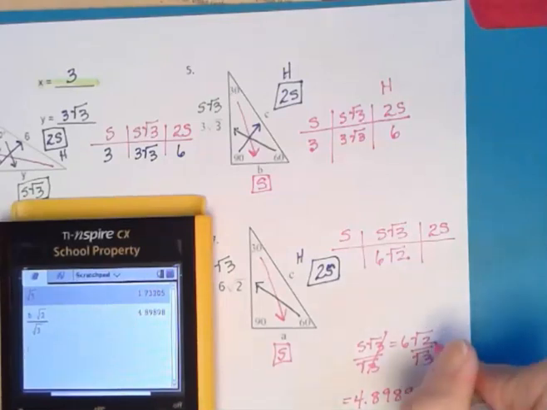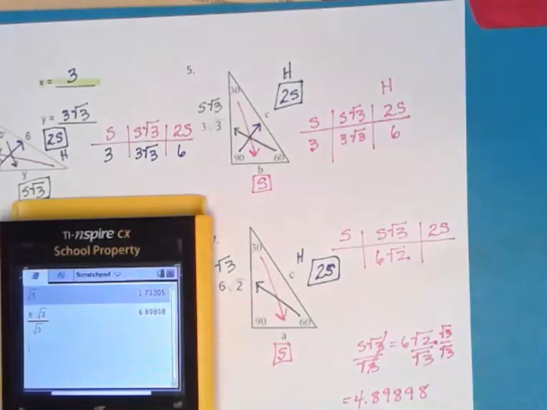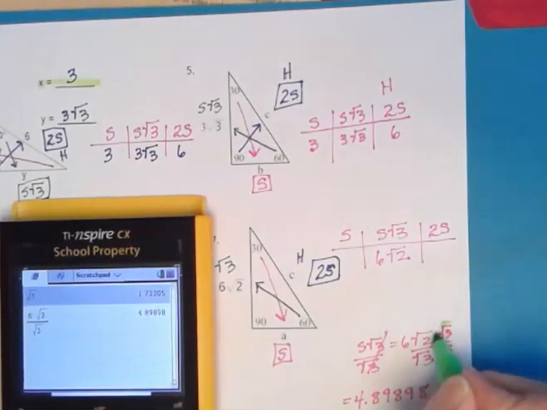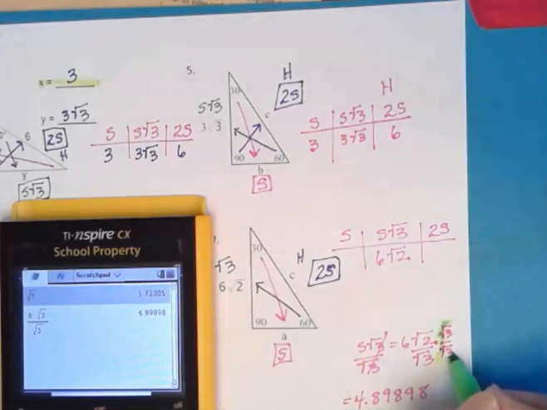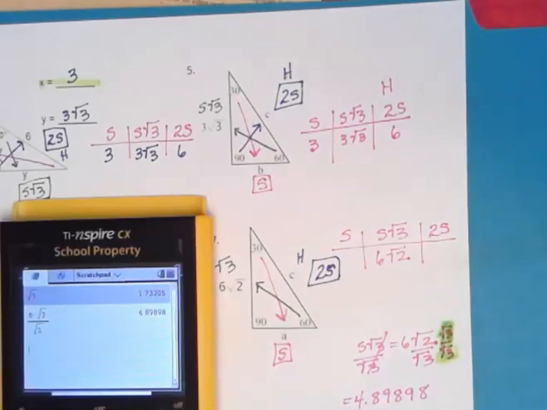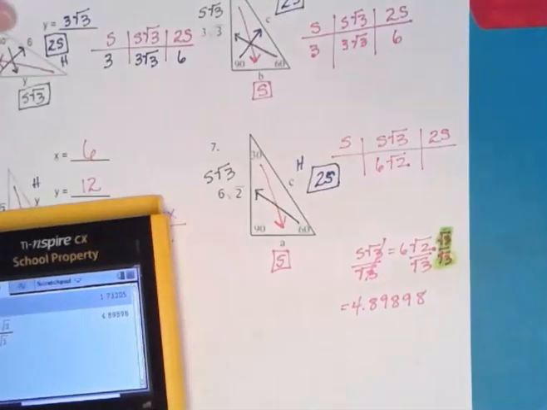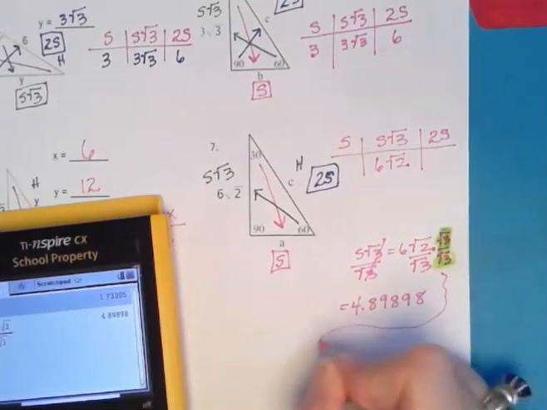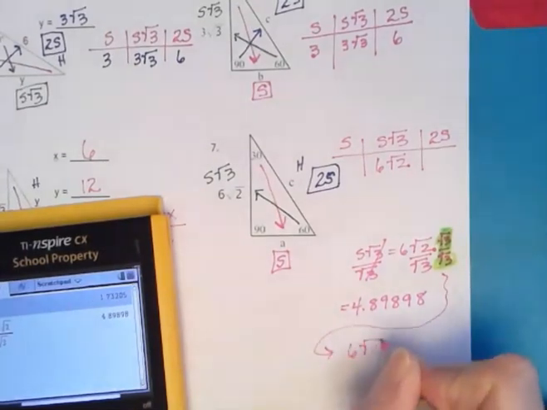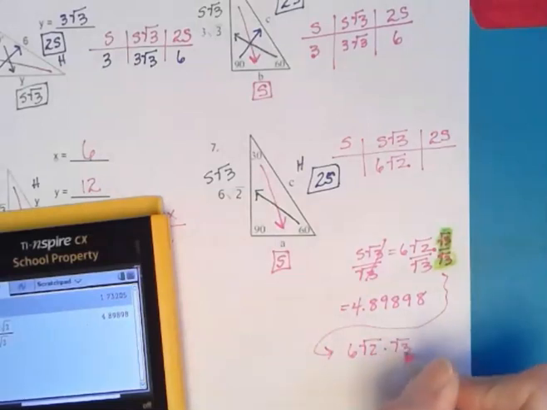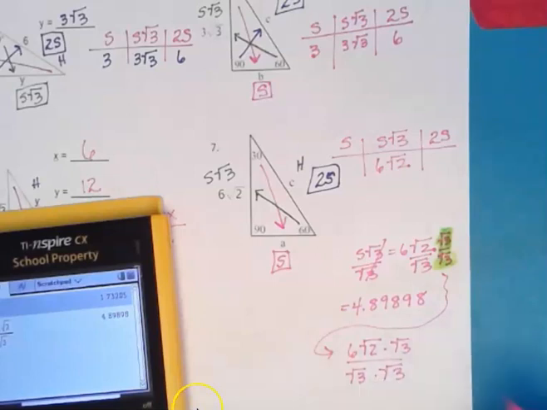How you get the answer in simple radical form is multiply by ugly 1 like I've taught you about. I'll try to make this into a 1. Okay, kind of outline it with a fat 1. And I would end up with 6 times the square root of 2 times the square root of 3 over square root of 3 times square root of 3.